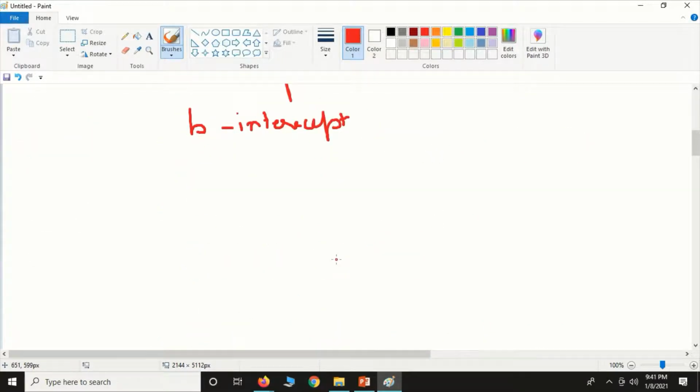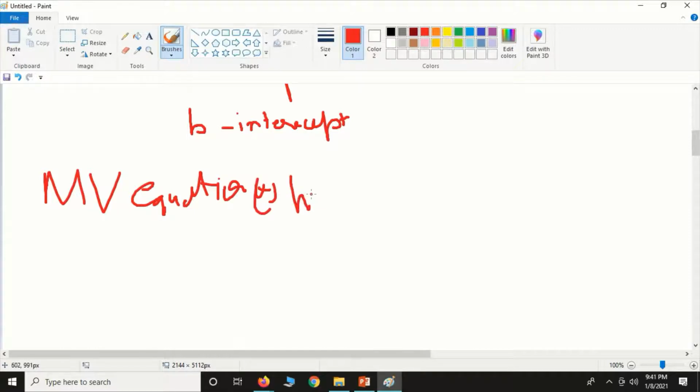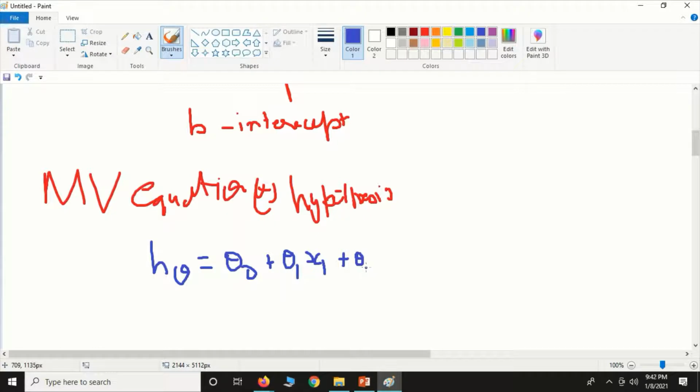This is an example for three x variables. If you have n number of x variables, the multivariate equation, or the hypothesis, will be h theta equal to theta 0 plus theta 1 x1 plus theta 2 x2 plus theta 3 x3 till theta n xn.